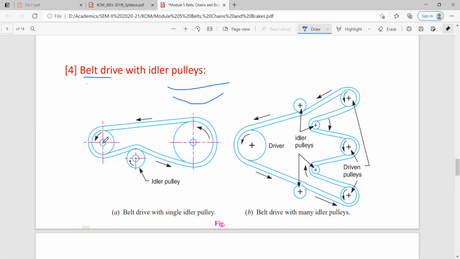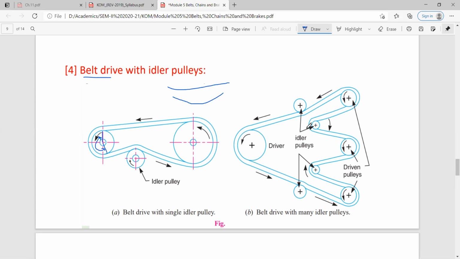In this way you will increase the angle of contact. This is called the angle of contact, the angle over which the belt makes contact with the pulley. So this angle you can control with the help of the idler pulley. It also supports the belt.